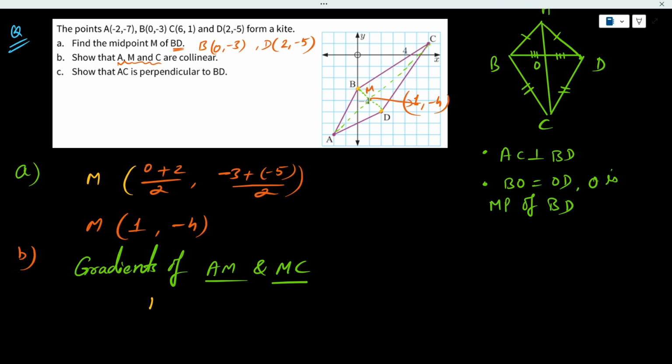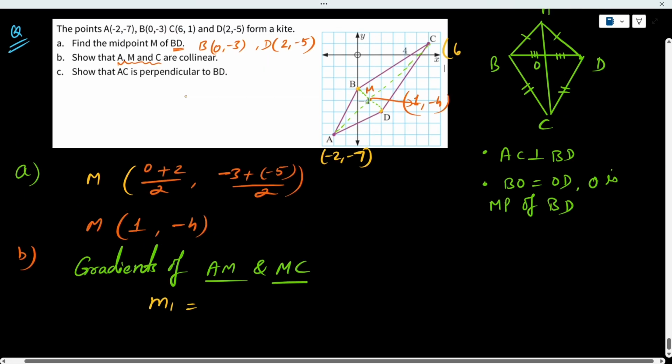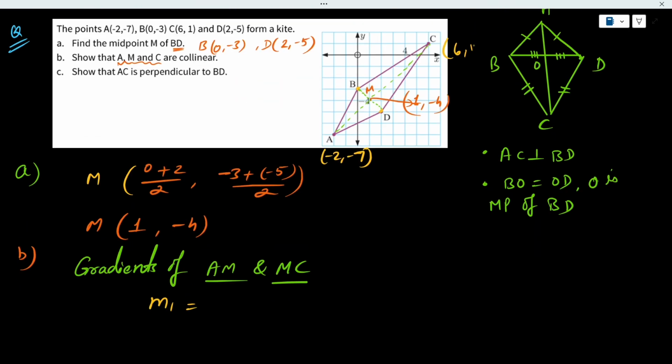If I take it here M1, that is going to be here. What can we take here? A and M. A coordinates are -2, -7, and here M coordinates are 1, -4, right? You can write down here, so it's easy to read.